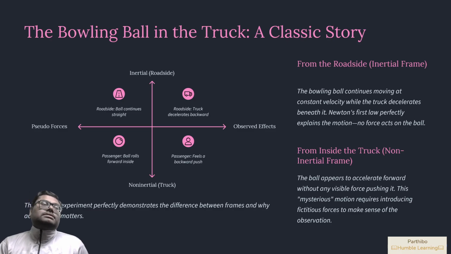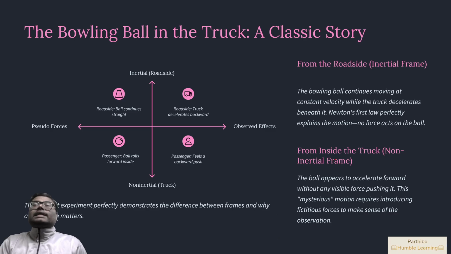What happened? First of all, from the roadside inertial frame, the person sitting on the roadside is in the inertial frame. The bowling ball continuously moves at a constant velocity with the truck, while the truck decelerates beneath it. Newton's first law perfectly explains the motion.